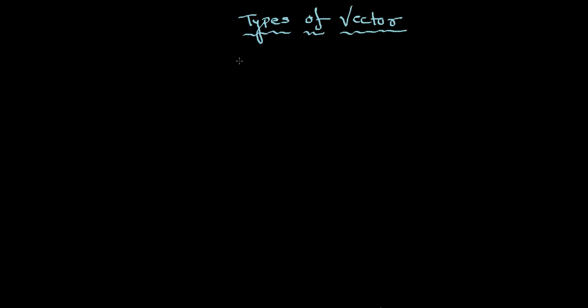So now our next topic is types of vector. First we will discuss equal vectors. What are these equal vectors? Suppose we have two vectors, A vector and B vector.